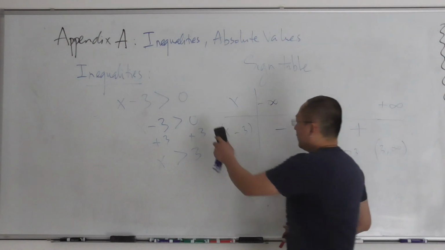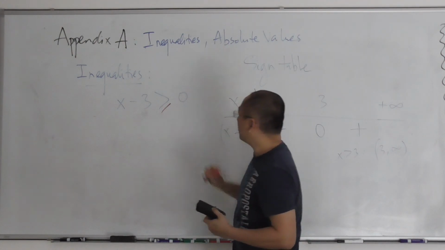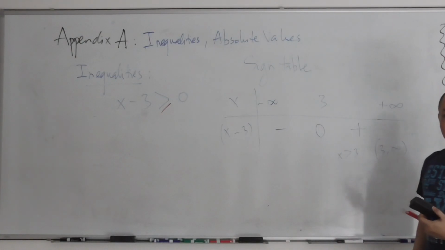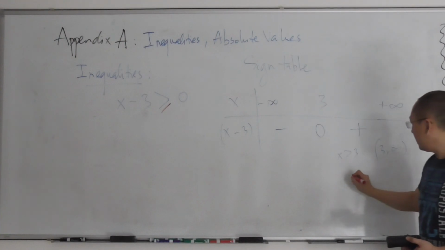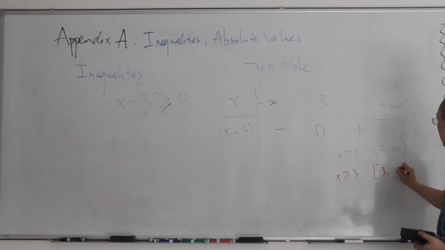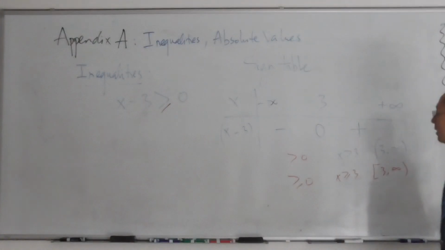Instead of strictly greater than, what if I put greater than or equal to? That means x could be positive or equal to 0. According to the sign table, the answer will be x greater than or equal to 3, which is square bracket 3 to infinity. This is for greater than or equal to 0, and this is for greater than 0 only.